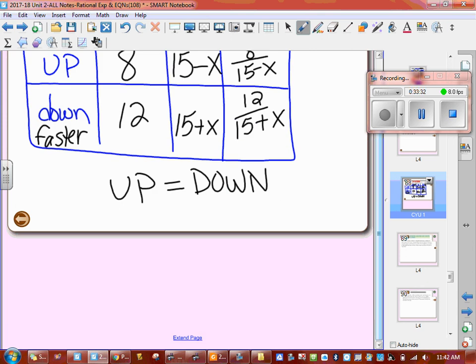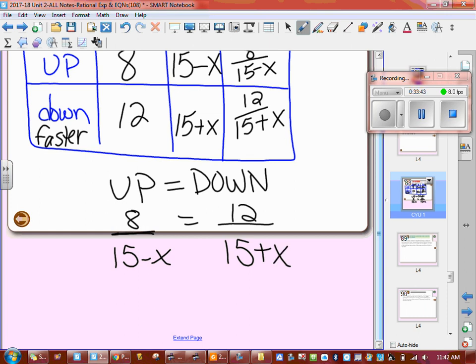I'll make fraction lines. Okay, so now we've got our equation, and now we need to solve.